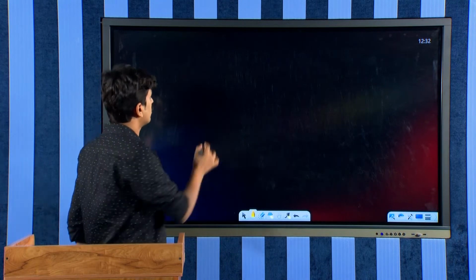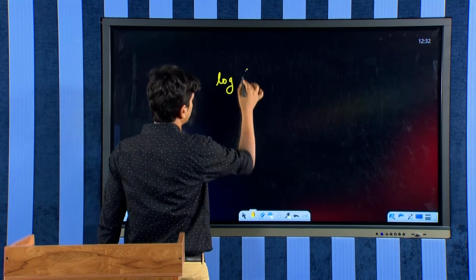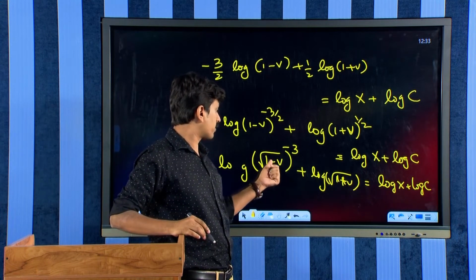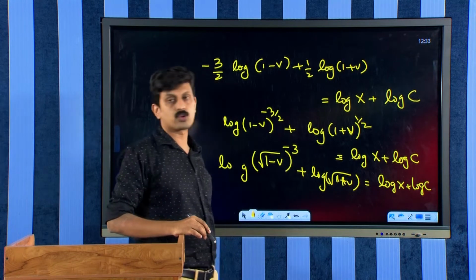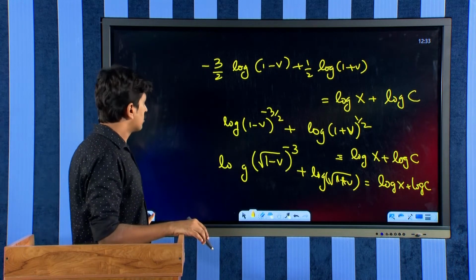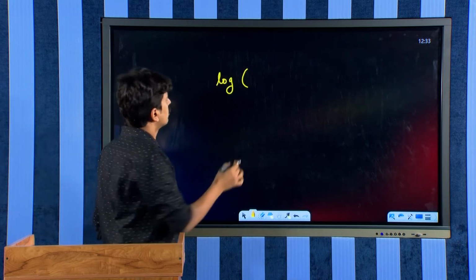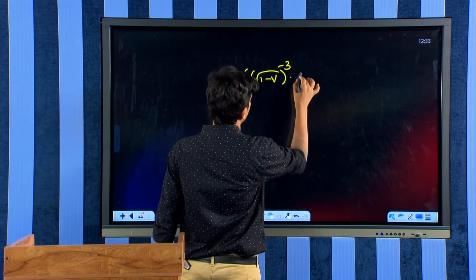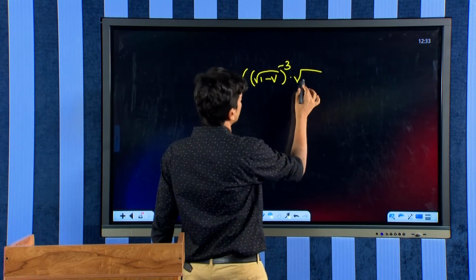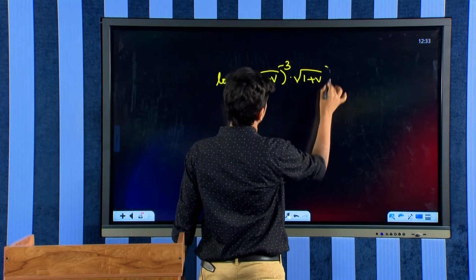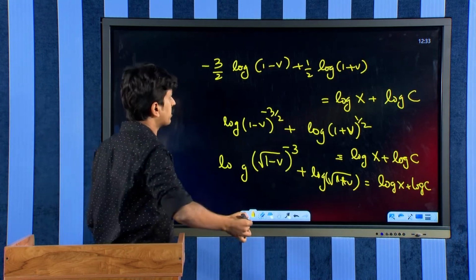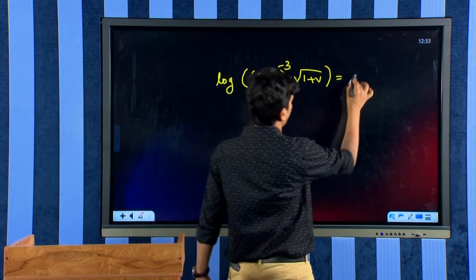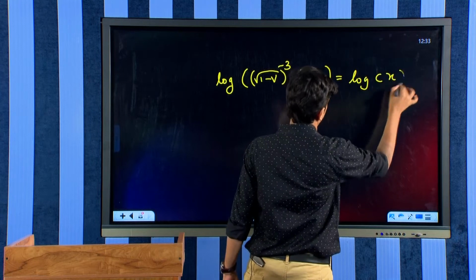Therefore, this is equal to log of root of 1 minus v whole raised to minus 3 into root of 1 plus v, is equal to log Cx.